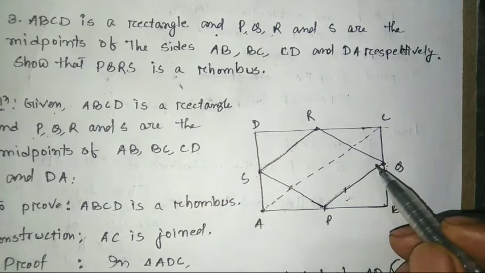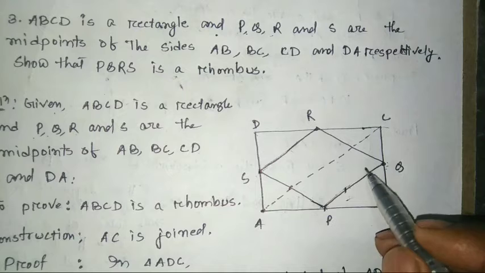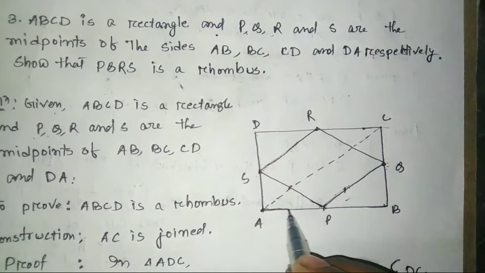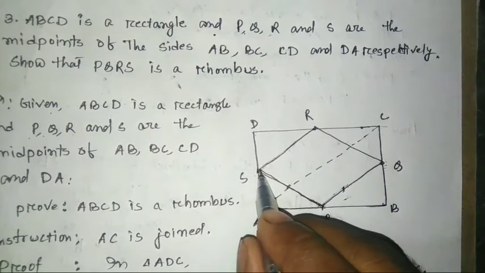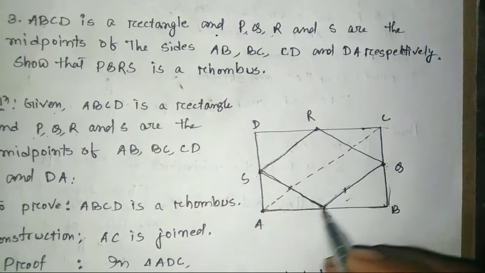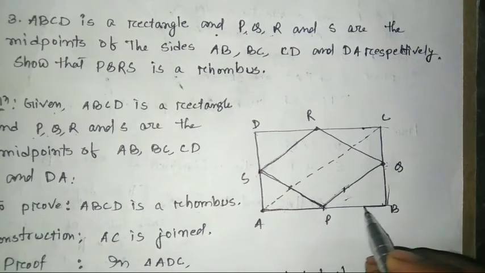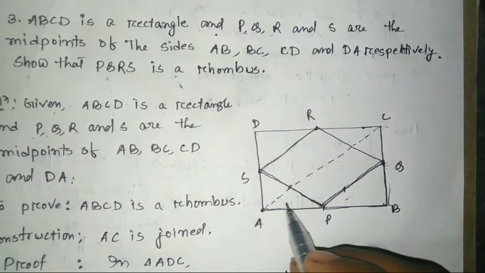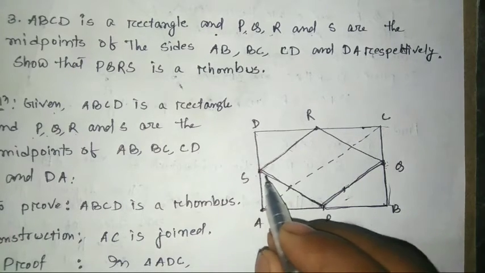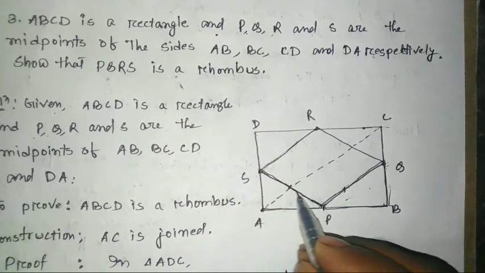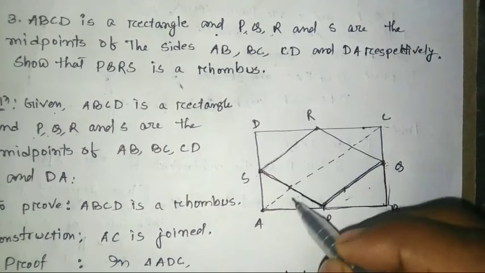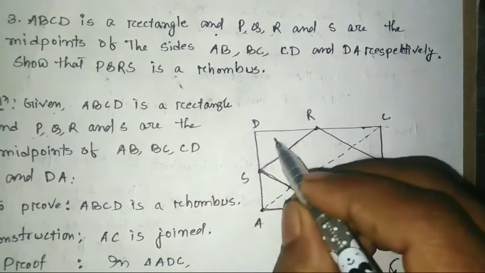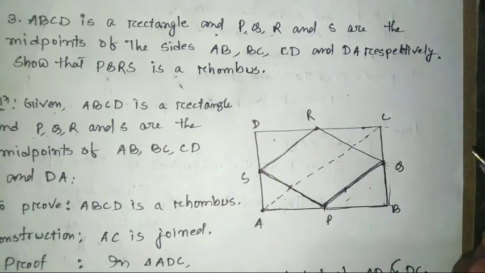So for that, to show two adjacent sides equal, we have to consider these two triangles, APS and BPQ. Why are we considering these two triangles? Because in these two triangles, these two adjacent sides are present. You may take these two triangles also, APS and DRS, or this and this triangle, according to your wish.